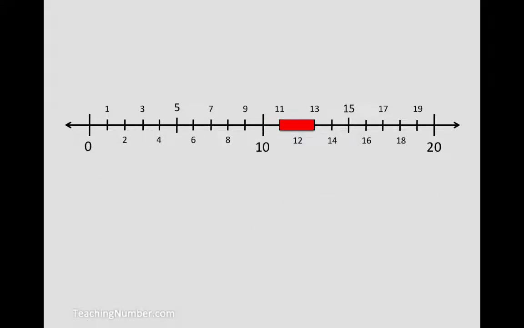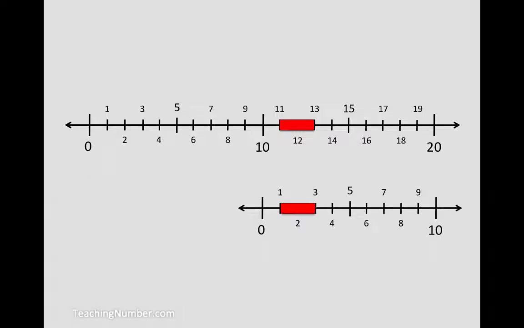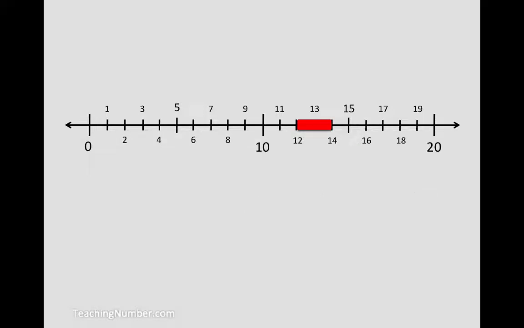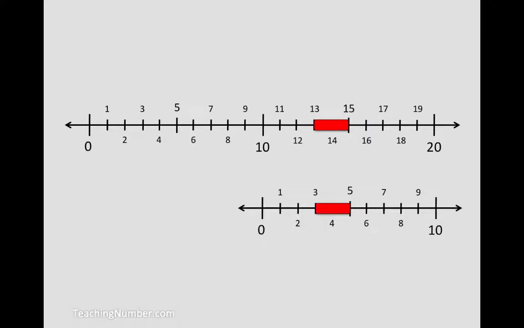The distance from 11 to 13 is the same as the distance from 1 to 3. The distance between 14 and 12 is the same as the distance between 4 and 2. The distance between 15 and 13 is the same as the distance between 5 and 3.